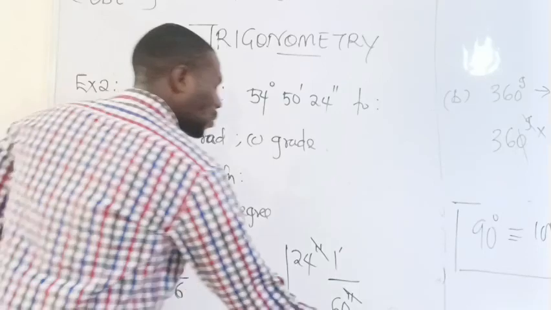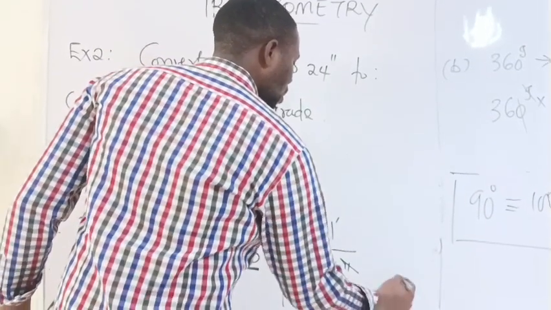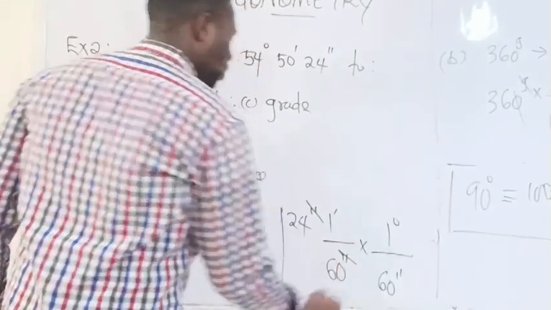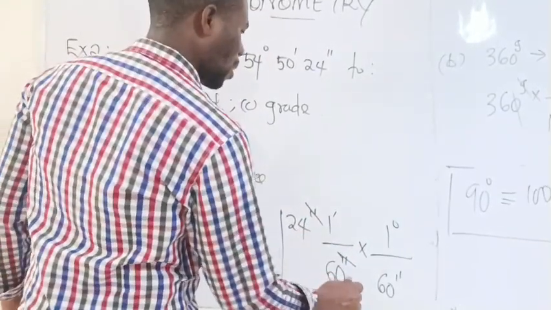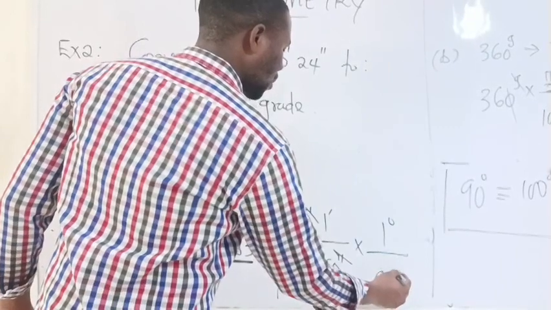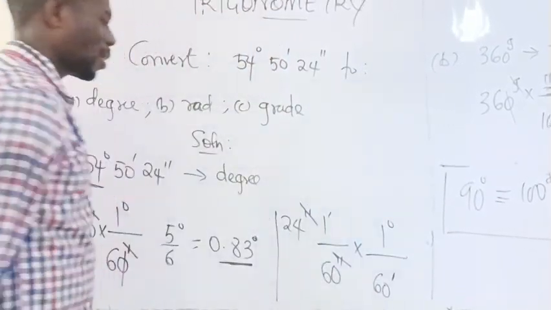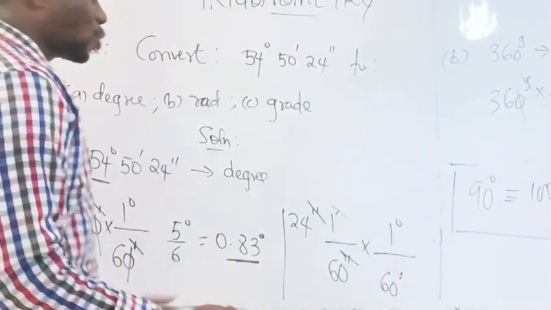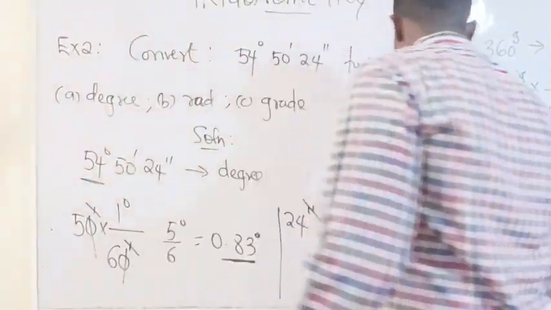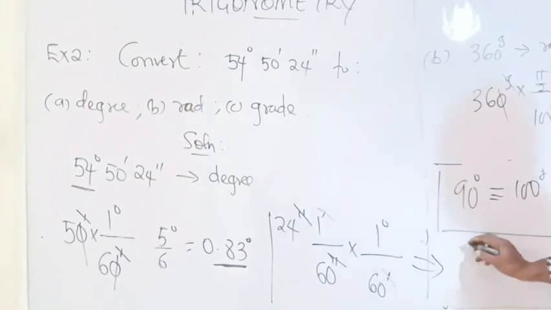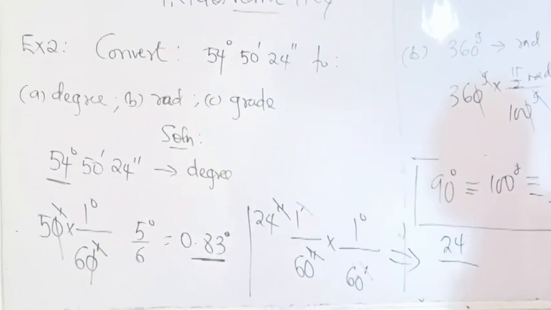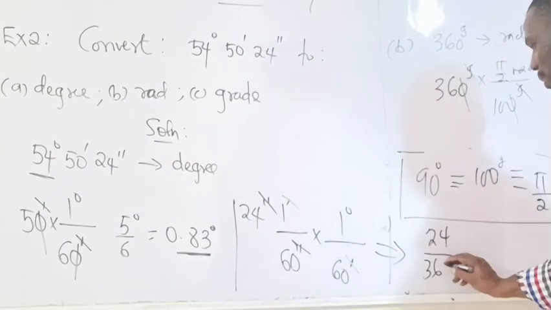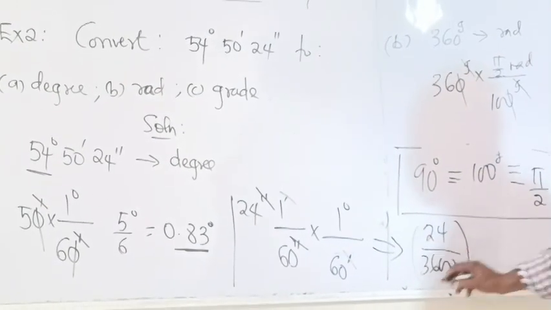I know that 60 minutes is equivalent to 1 degree, so the minutes cancel out, and all I need to do is multiply out. 24 times 1 times 1 gives me 24, and 60 times 60 is 3,600. Everything now boils down to degrees.